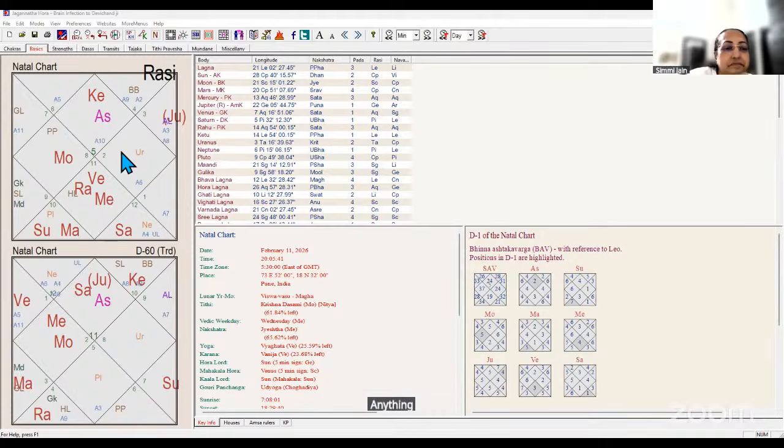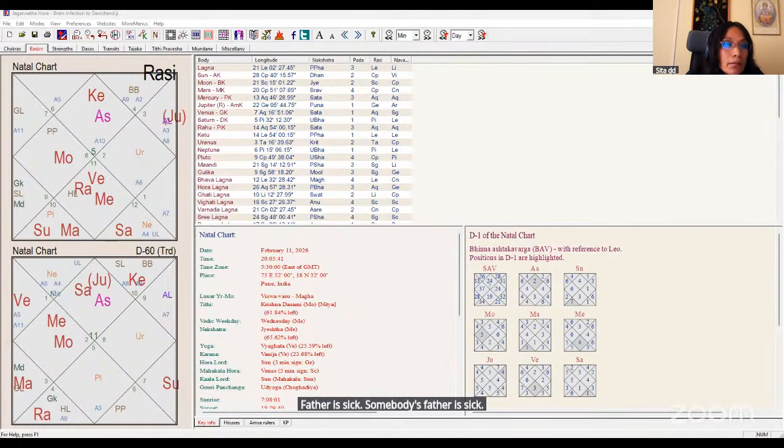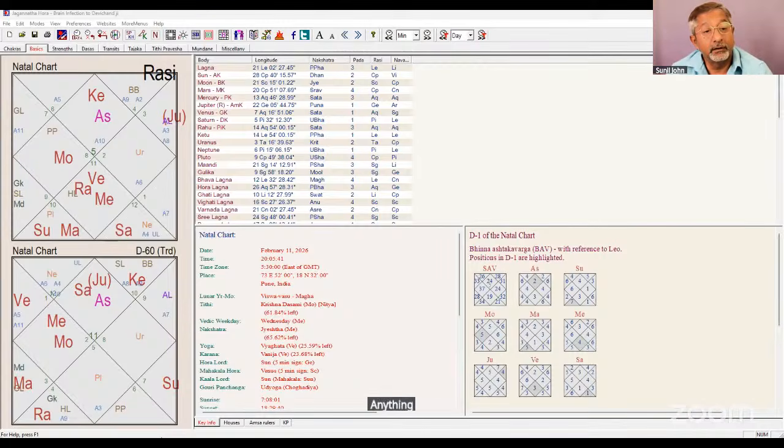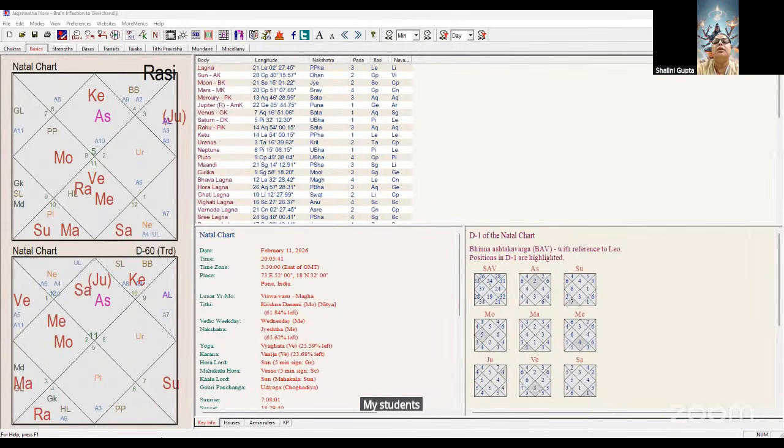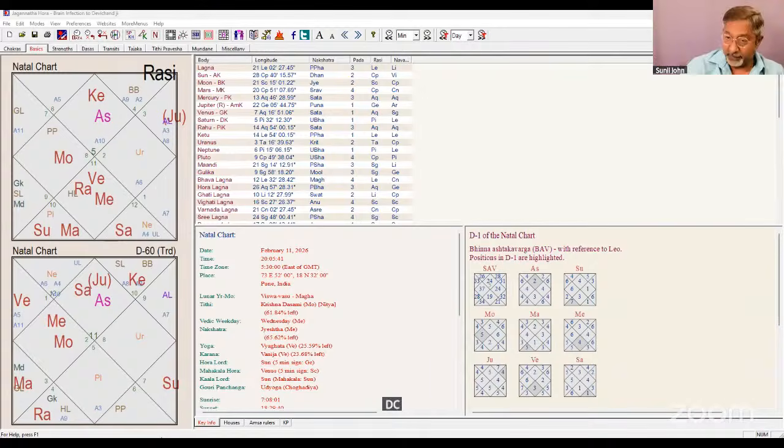Anything else? Father is sick. Somebody's father is sick. Disease. Professional front? Anything else? Accident. Disease, accident, hospitalization.